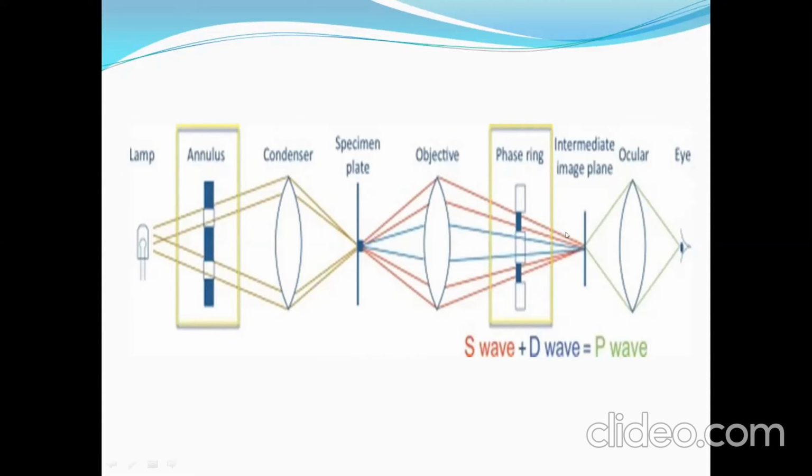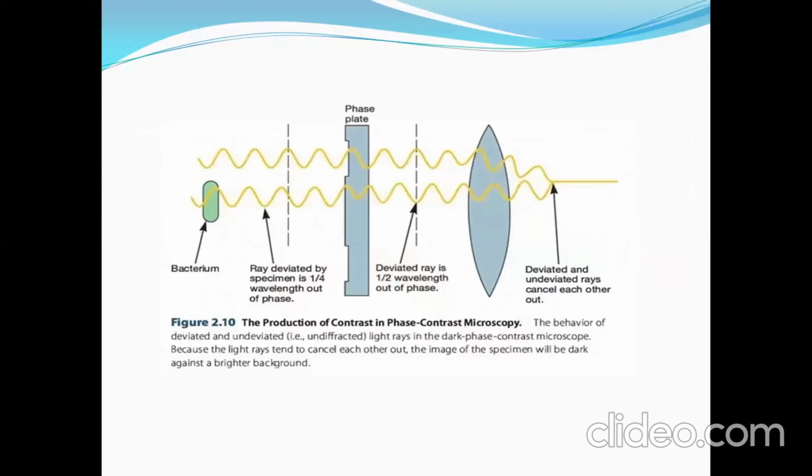This change in the phase of light creates a contrast in the image, and we can visualize the bacterial cell, or whatever we are observing, with high contrast. Clear? So this is the basic principle of the phase contrast microscope. Here also you can very clearly observe that the light rays are in phase initially.